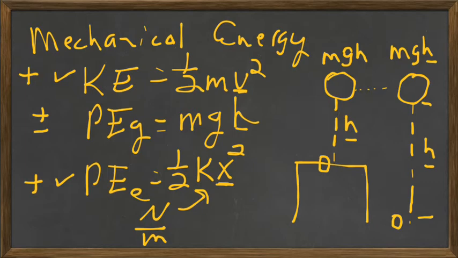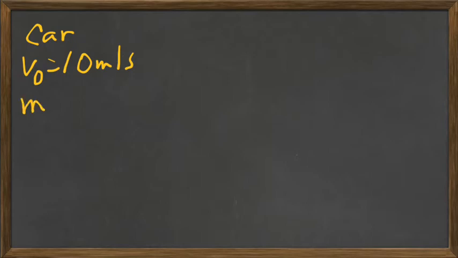So if we look at some samples, for kinetic energy, you might have something like a car whose speed right now is 10 meters per second. It could be east, west, north, south, left, right, doesn't matter. His mass is 2,000 kilograms.